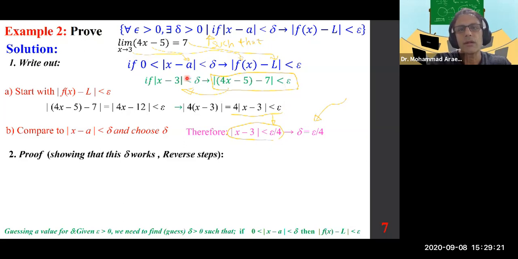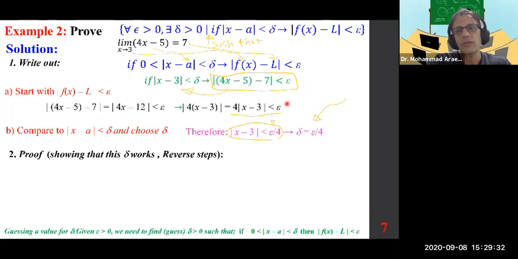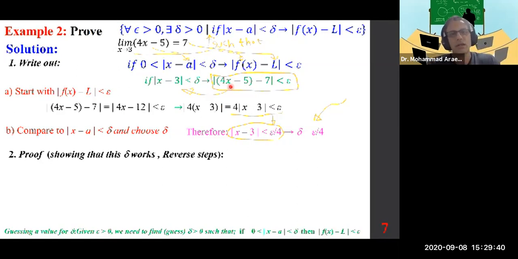Take a look. So we're going to go now from here to here to show it works. Sometimes you have to get creative, and the way you get creative is very simple. Take a look at the steps that you took to come here. Now you take the steps back to go back. That's the concept. So let's take a look at this one and see how it works.